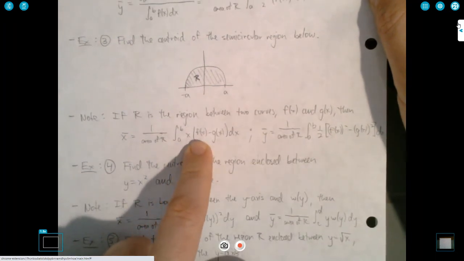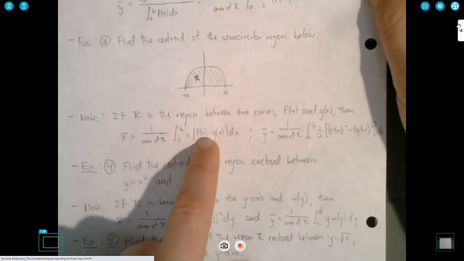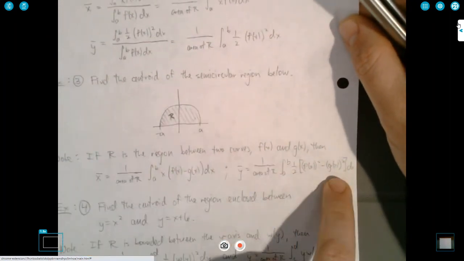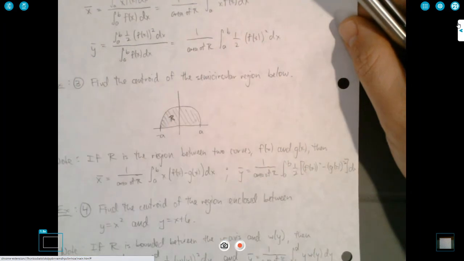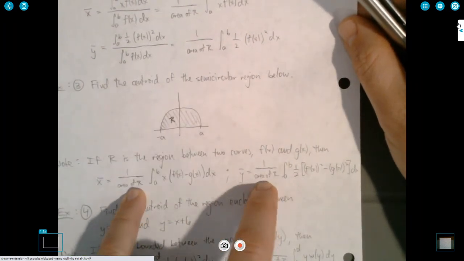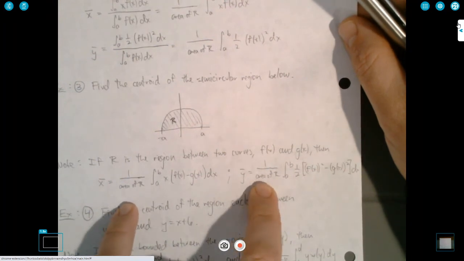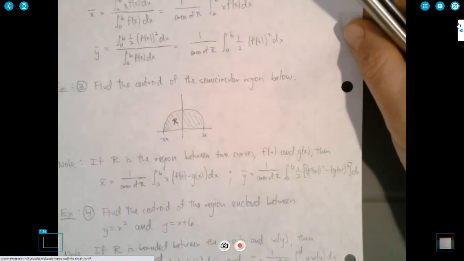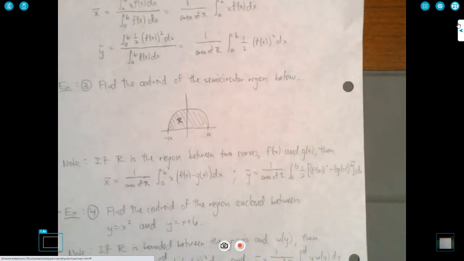This is assuming, of course, that f of x is the top function and g of x is the bottom function. Similarly for y, we just do f squared minus g squared, times 1/2. And the area of R would be the area between f of x and g of x, which we talked about at the beginning of this chapter quite a bit. So let's practice doing that.